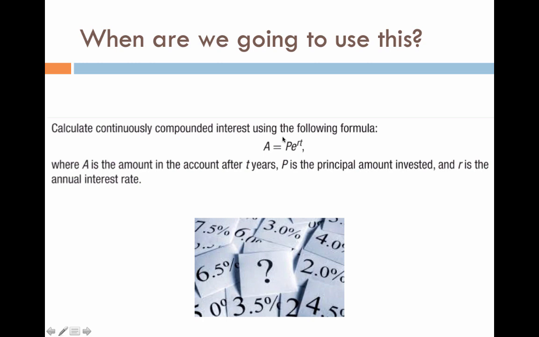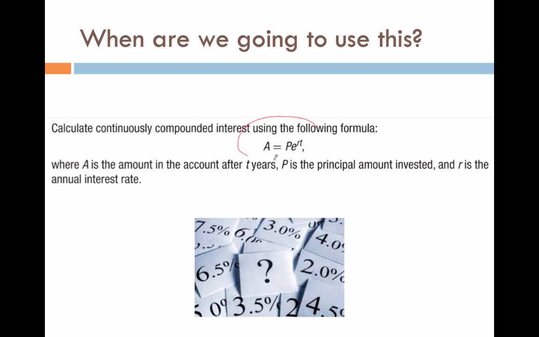It comes with when interest is compounded continuously. If you want to get interest as fast as you can, so monthly is better than quarterly, daily is better than monthly. You would like to get interest hourly, and then you can get it continuously, and it actually works itself out.